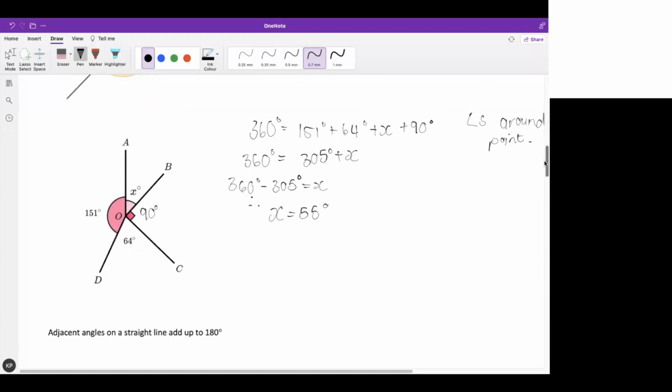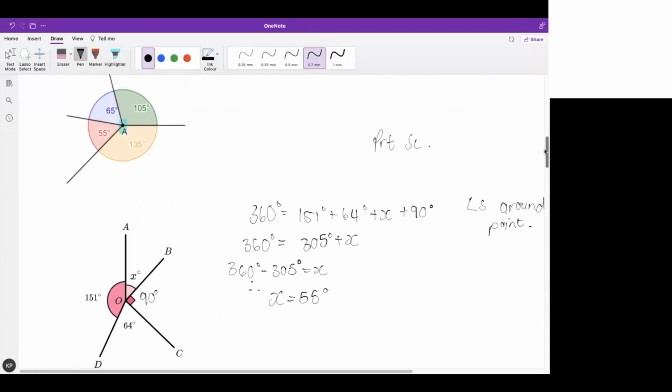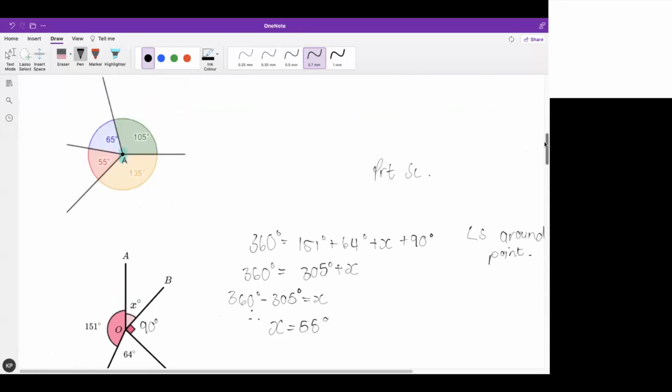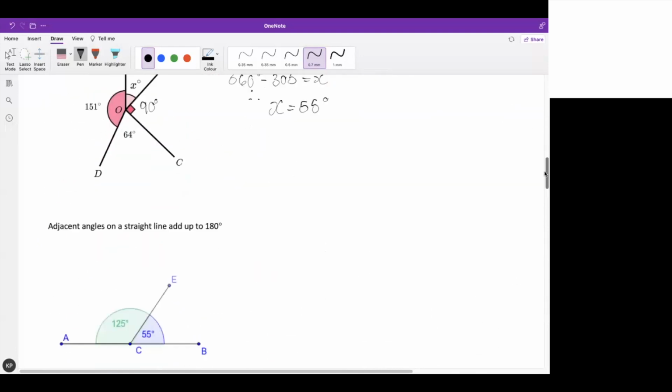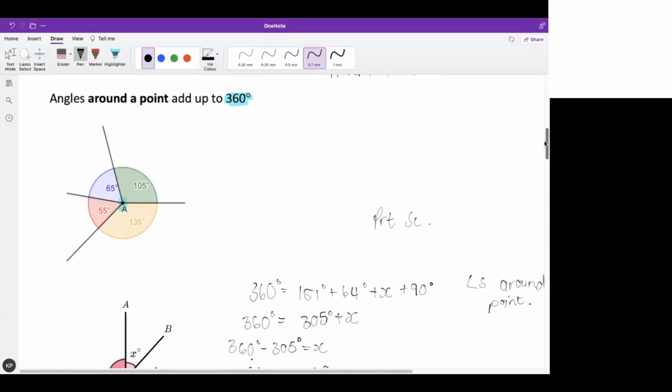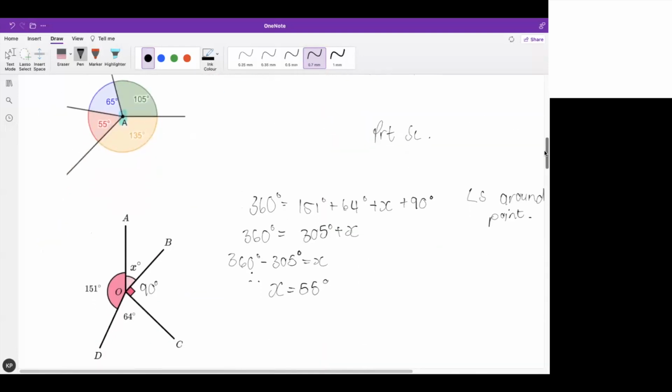Okay, wonderful. Now, let me check in. Complementary, supplementary, angles around a point, and adjacent angles. Thumbs up or thumbs down. Okay, I don't see thumbs down so far.